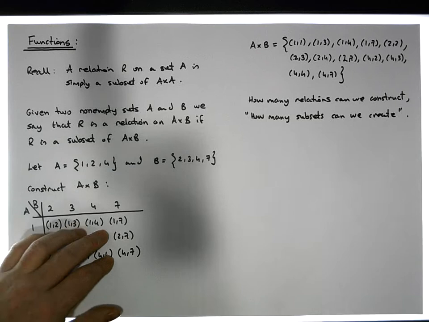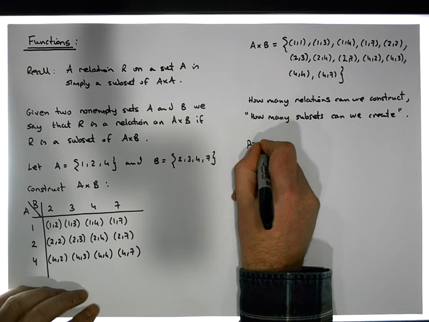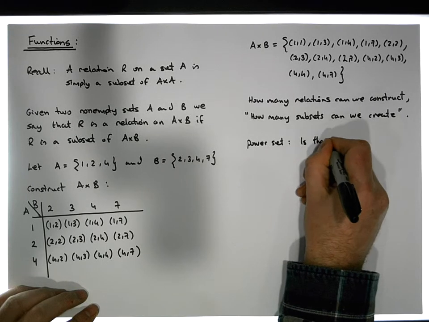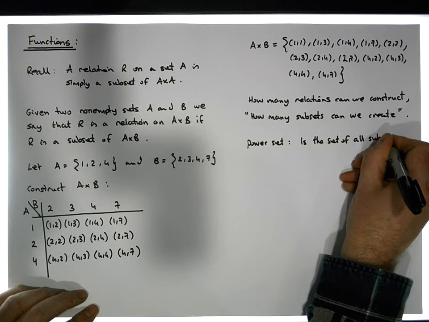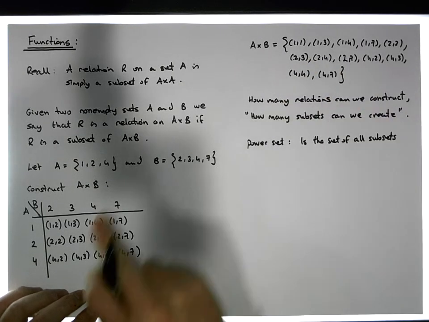Well, we know that the power set is the set of all subsets. So the power set would be the set of all possible subsets from this particular cross product.